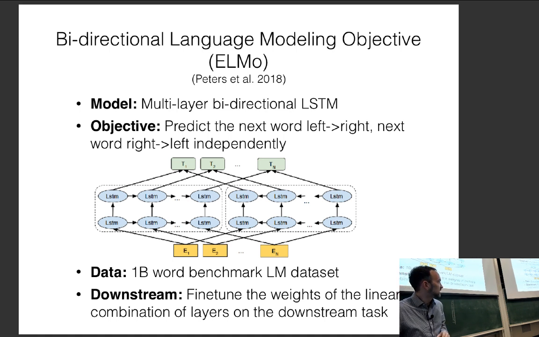For example, in the lower layers, it's very common for more syntactic type information, like what is the part of speech of this word, to be captured. In the higher layers, it tends to be more semantic type information, like what is the semantic class of this word. So some tasks would prefer semantic information, some tasks would prefer syntactic information. So you just do a linear combination of these and fine-tune that linear combination.